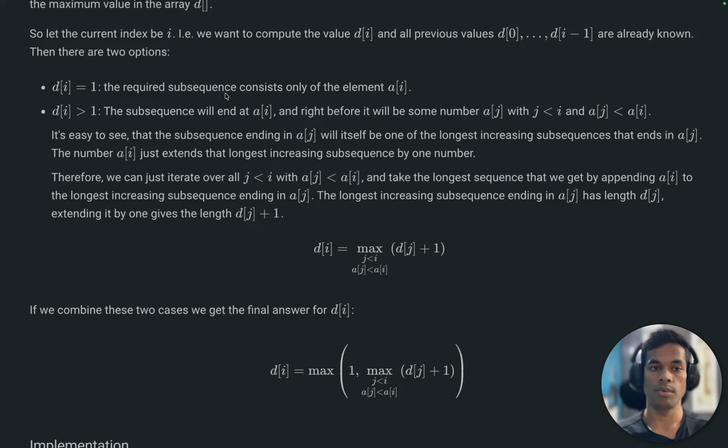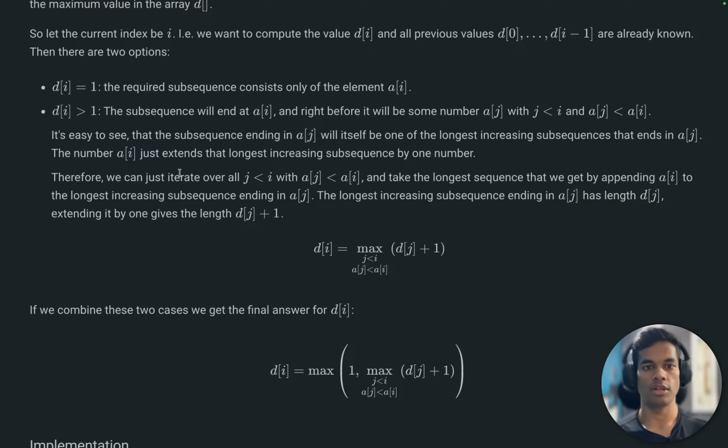It would be equal to 1 if it cannot be paired up with any element to the left, consisting only of the element a i, and d i would be greater than 1 if it could be paired up with at least one. The sequence will end at a i, and right before it will be some number a j, which is smaller than a i.